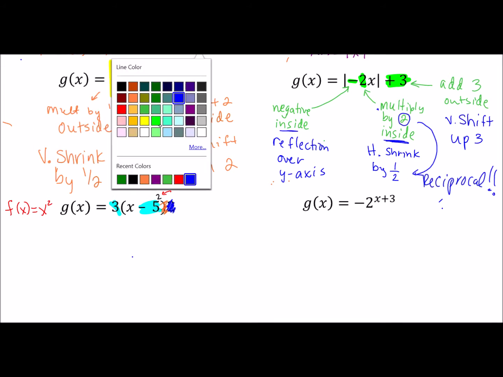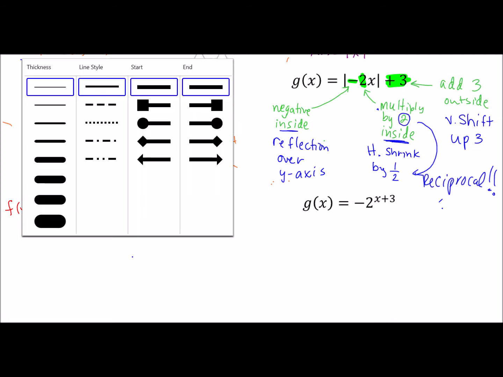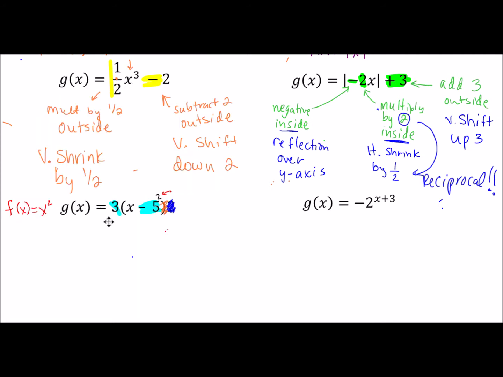Let's start with this one. I need to identify if it's outside or inside. This one's outside. Inside would mean actually inside the parentheses. Then I have to say, am I adding, subtracting, changing signs, or multiplying? Well, it's 3 times, so I'm multiplying by 3.